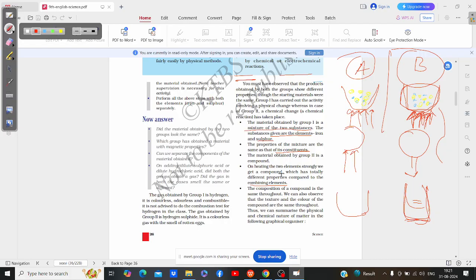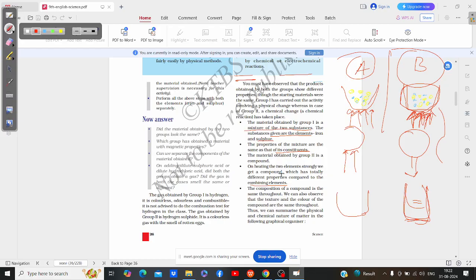But in group B we heated the materials and added some acids, and we saw the output as hydrogen sulfide. It means two or more substances are chemically combined with each other. That's why we call it a compound.